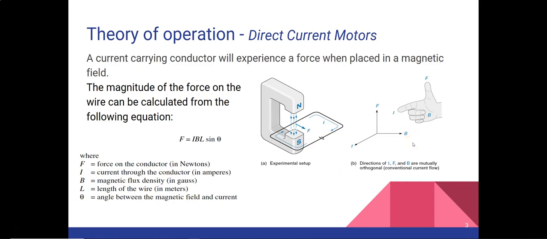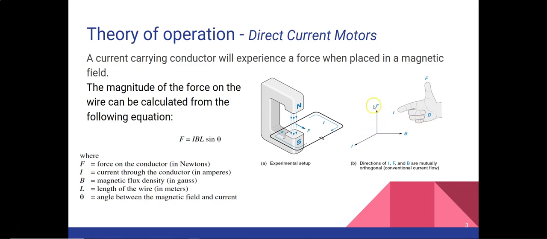On the right hand side, you can see the direction of the force, magnetic field and the current, which is represented using the right hand, where the thumb represents the direction of the force, the index finger represents the direction of the current, and the rest of the fingers represent the direction of the magnetic field.